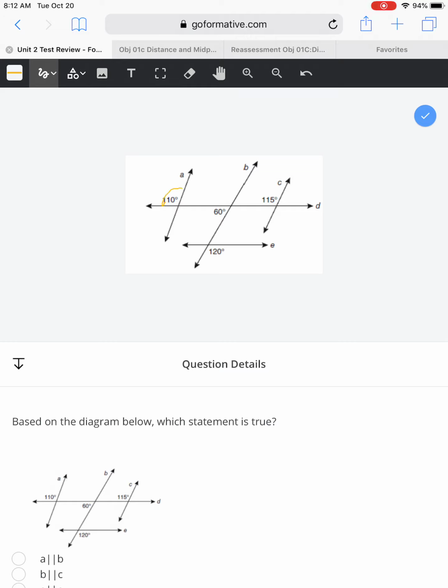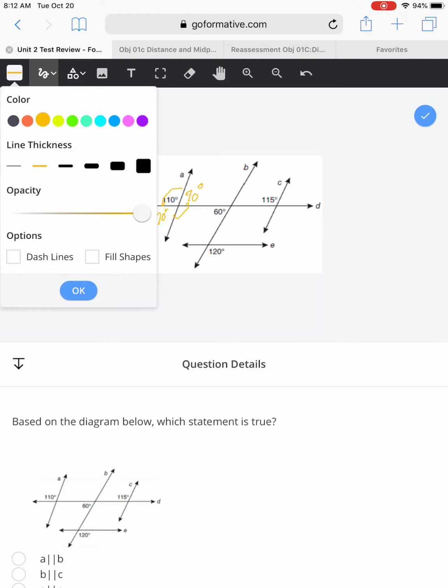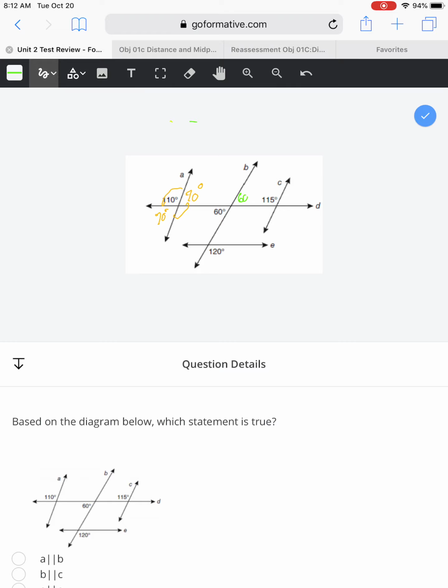So I know if this is 110, this is 110. So this angle right here would have to be 70 degrees because they are a linear pair. They add to 180. And I just continue to go through and fill in the rest of this. So if this is 60, this angle right here is going to be 60. This is 120 because they're a linear pair.